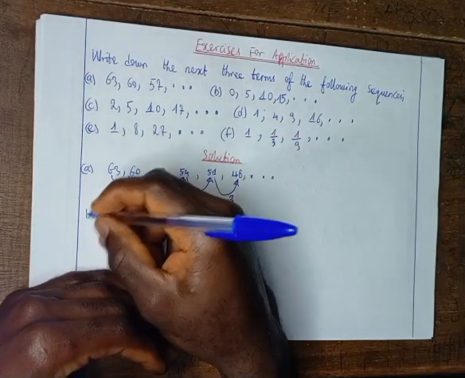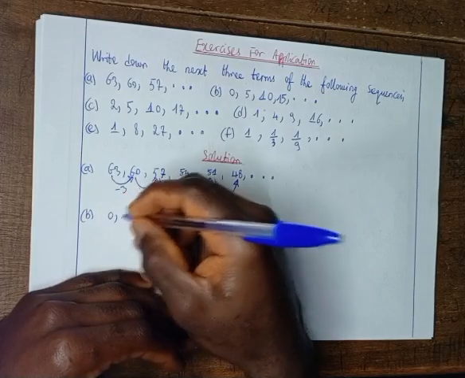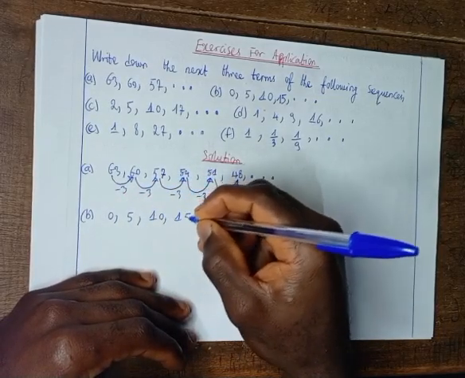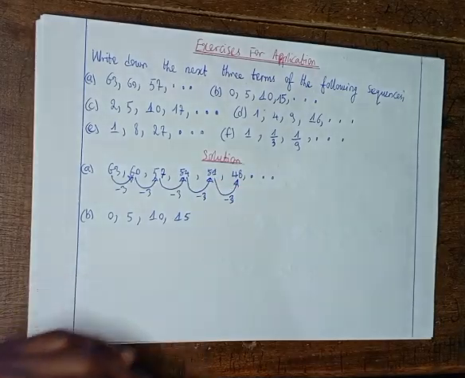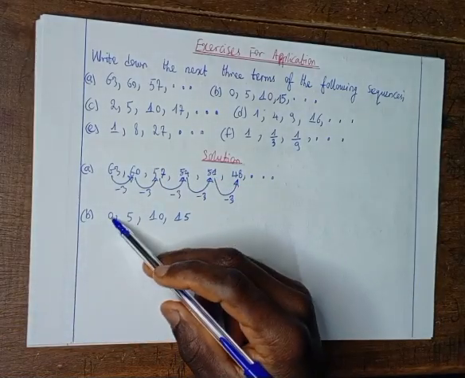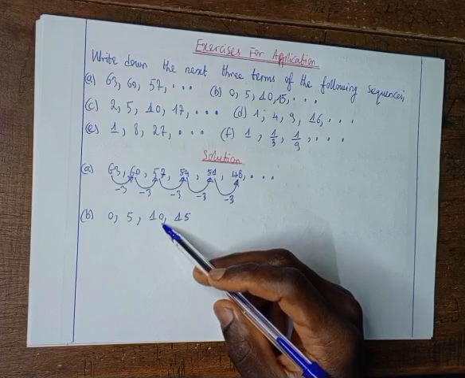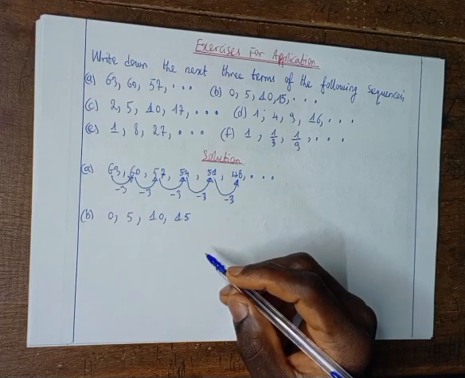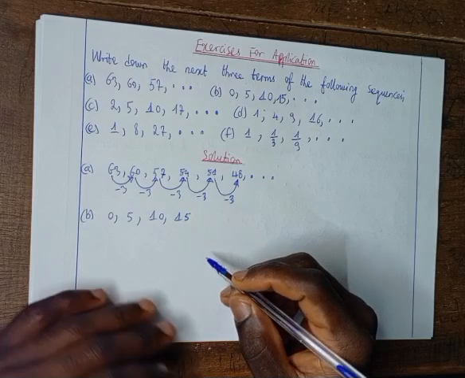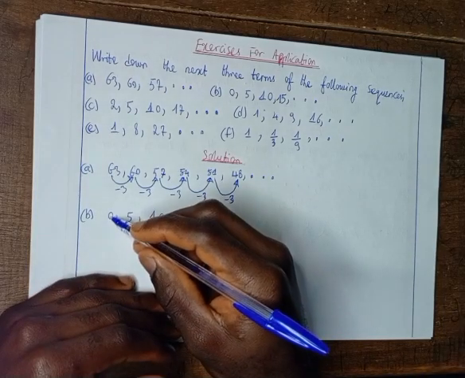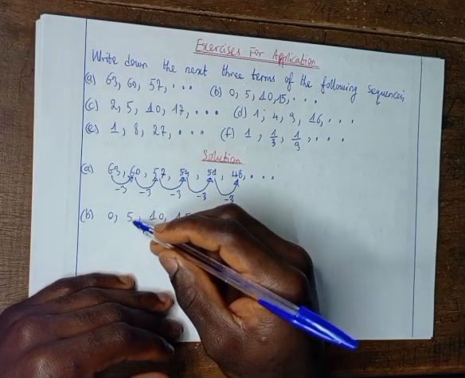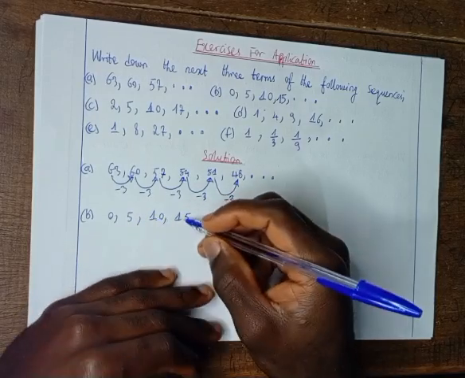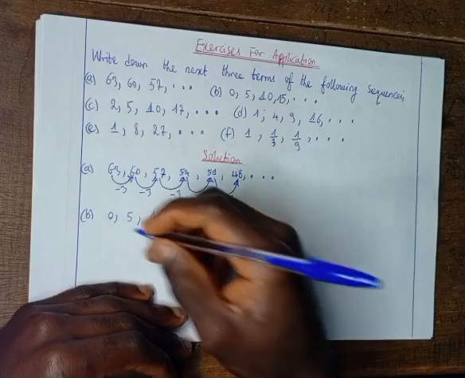Next, now we go to B. For B, we have 0, 5, 10, 15. In this case, you see 0 to 5 to 10, 15. The rule is simply addition of 5. 0 plus 5 gives us 5. 5 plus 5 gives us 10. 10 plus 5 gives us 15.